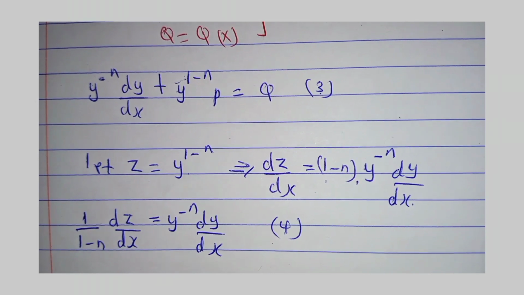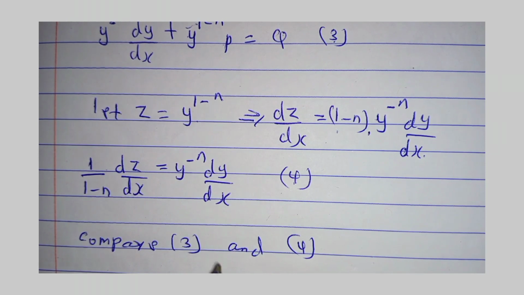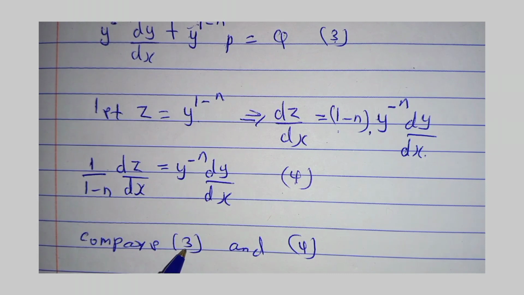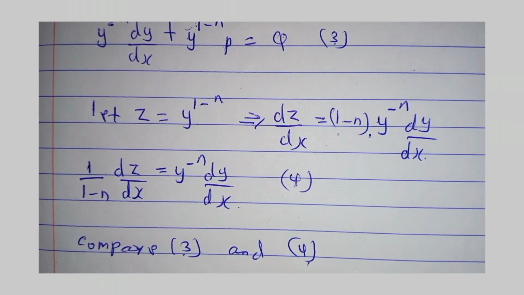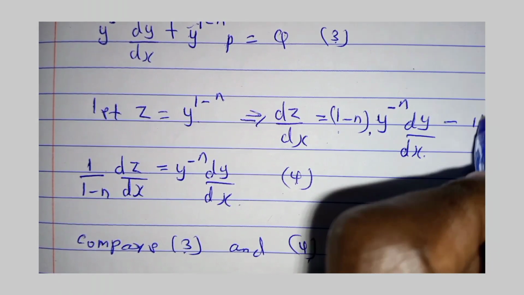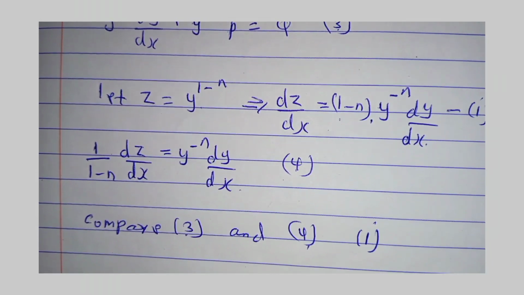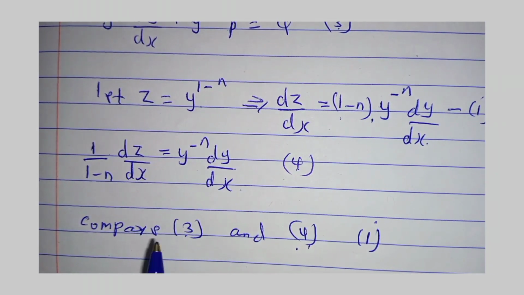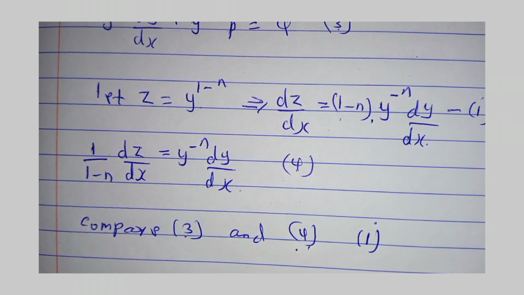We are going to compare equation 3 and 4. You can also call this Roman 1. So when you compare equation 3, 4 and Roman 1, we are going to obtain the following.